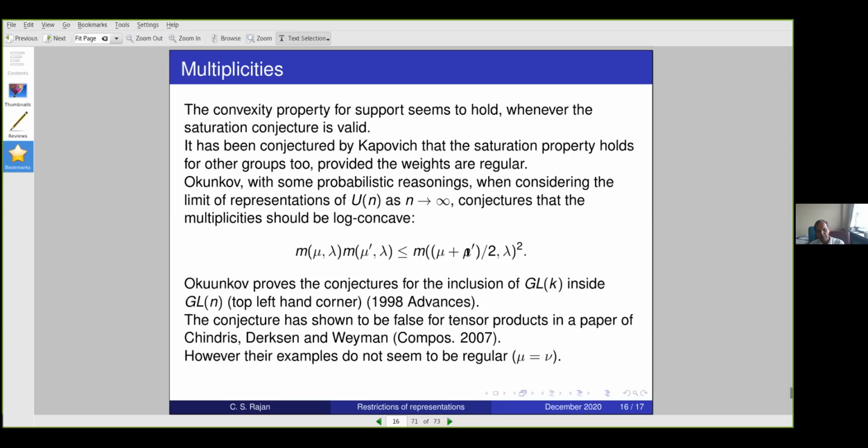So it's not clear whether Okounkov's conjecture on log concavity of multiplicities will hold when you work with regular weights, even in the tensor product situation. Anyway, so that's it.